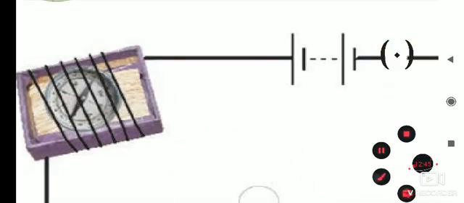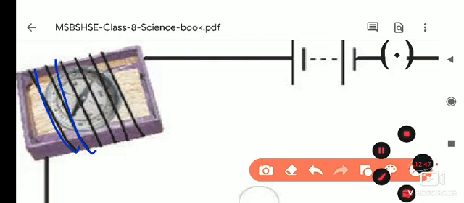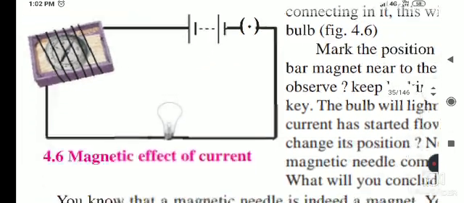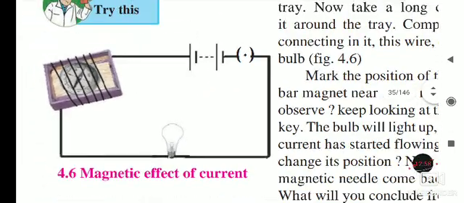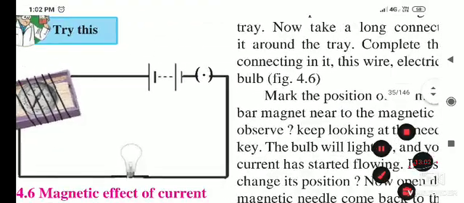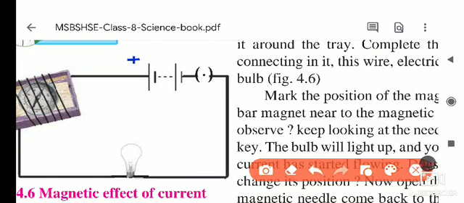If you see this structure, the wire is rotated around this matchbox, and this is connected here. One part is connected to the battery, this is the positive terminal and this is the negative terminal. When the circuit gets completed, you will notice that the bulb glows.